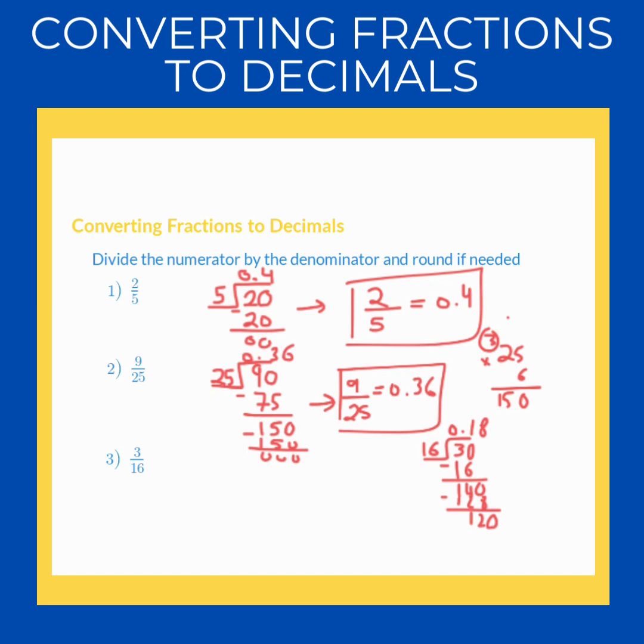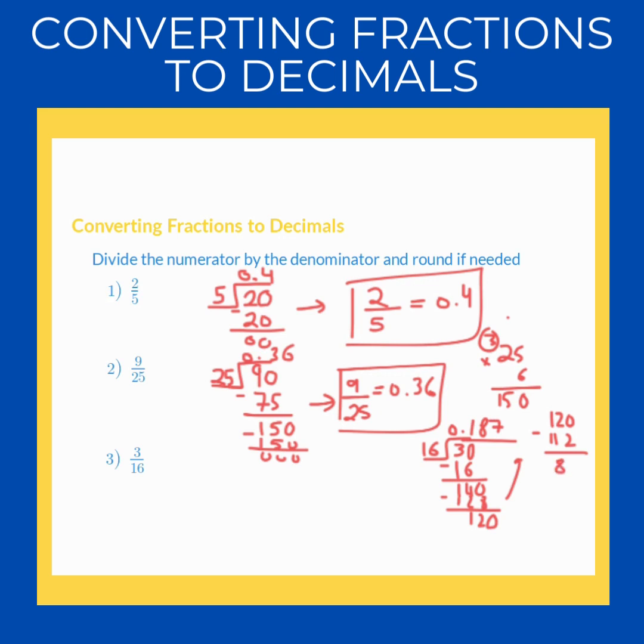I can't pick 8 because 128 is bigger than 120. So let's try 7. 16 times 7 is 112. So I have 120 minus 112, and the answer is 8.